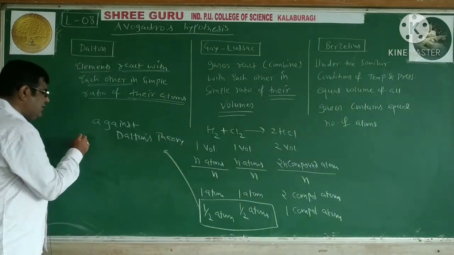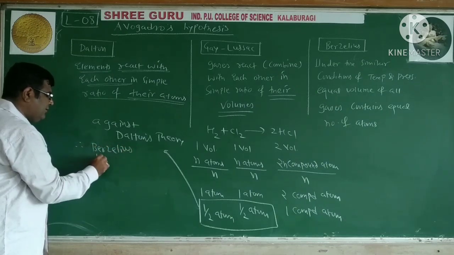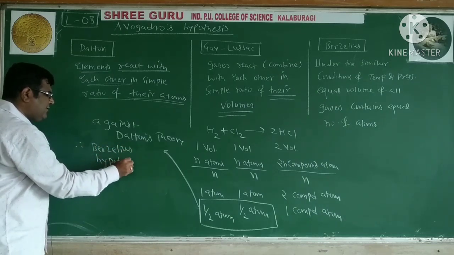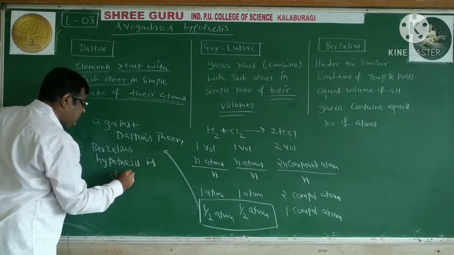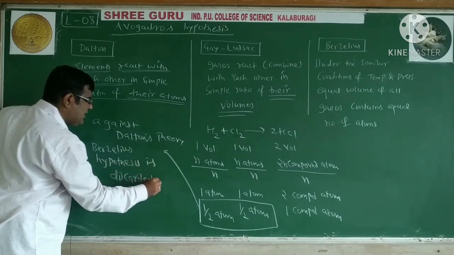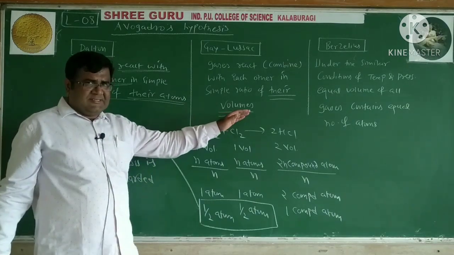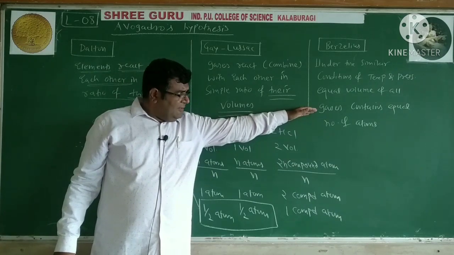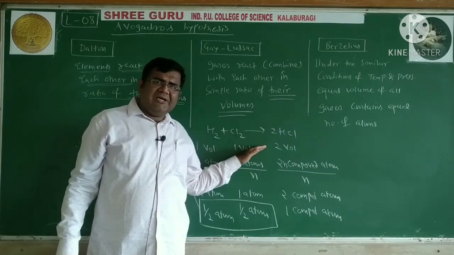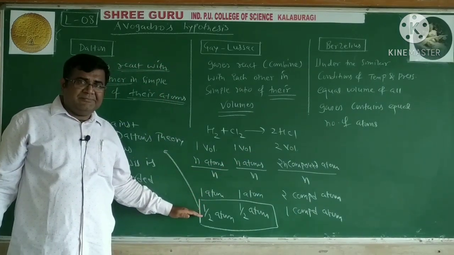The ultimate result is Berzelius hypothesis is discarded. Discarded means disproved. We won't accept this because if we accept it, it applies to the reaction, which means half atoms are combined.